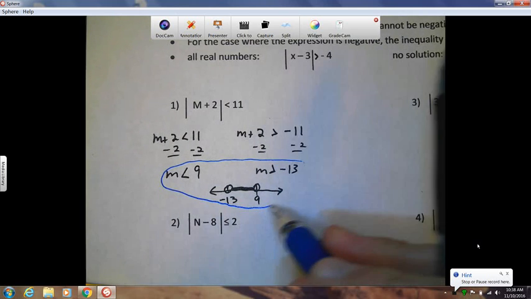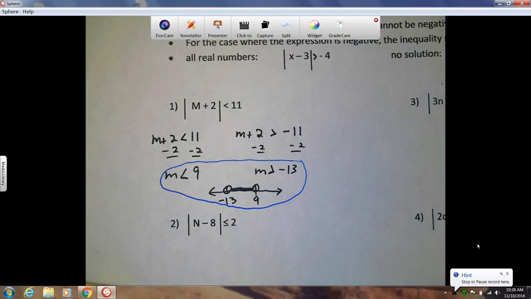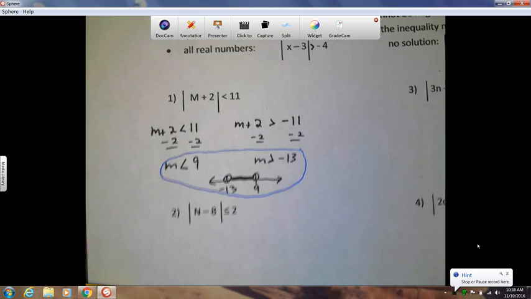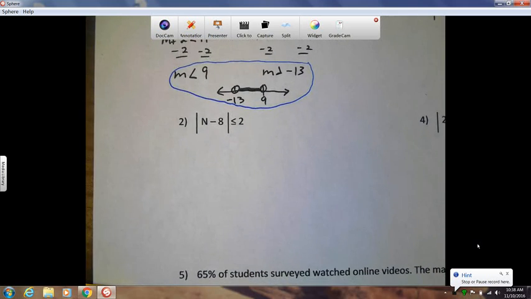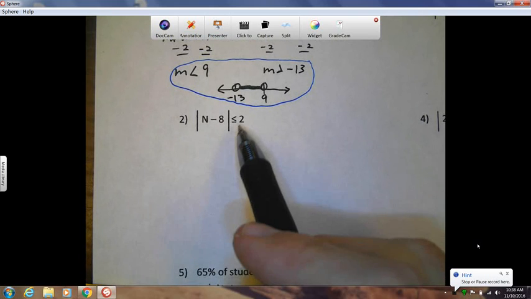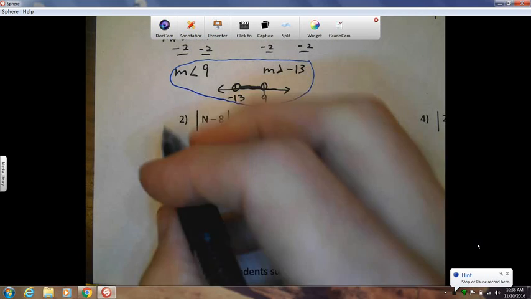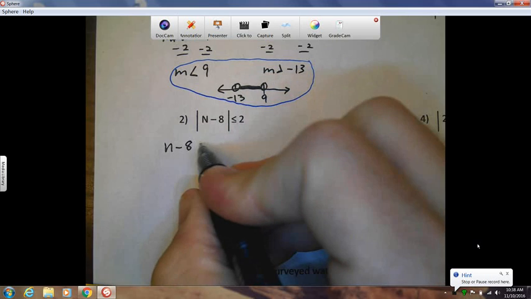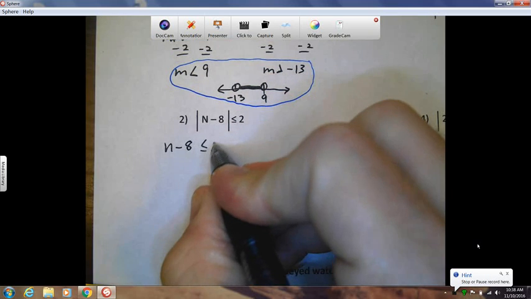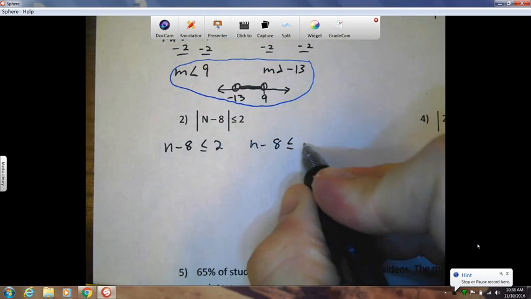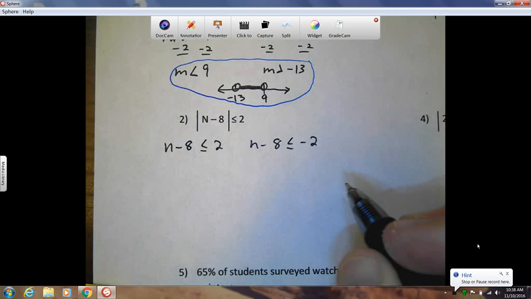Now I'm not going to go much into the graphing because we've done that before. Let's look at number 2. So again, I'm checking to see if this is a negative. No. I'm going to write my two cases. And I even messed it up that time. So maybe this is a good thing to annotate and write down.